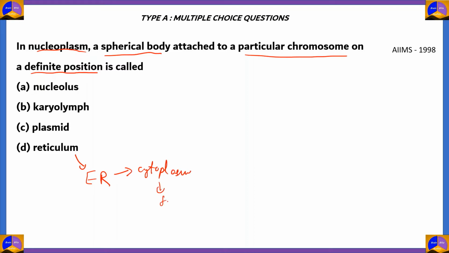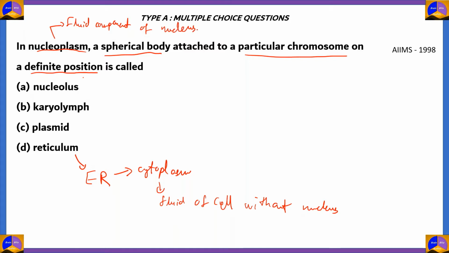Cytoplasm is the fluid of cell without nucleus. So that means this is the fluid present in the cell, excluding the fluid in the nucleus. So nucleoplasm is the fluid component of the nucleus. So option D is incorrect.